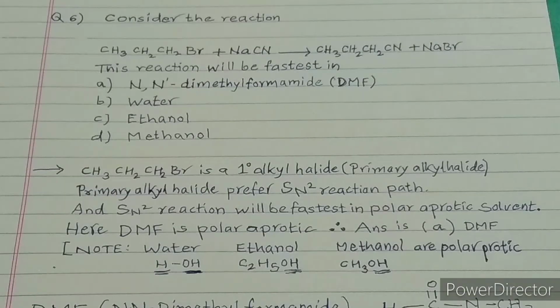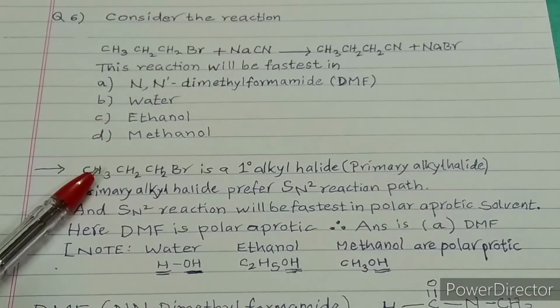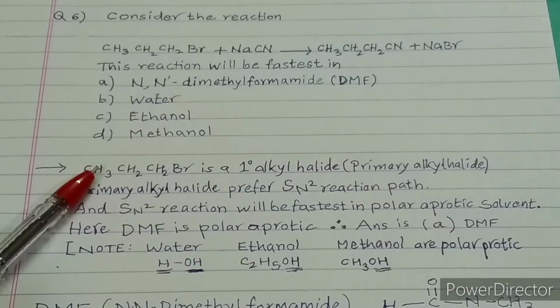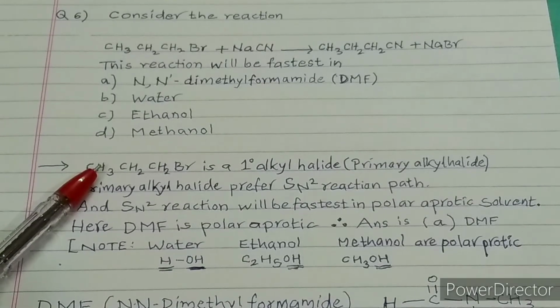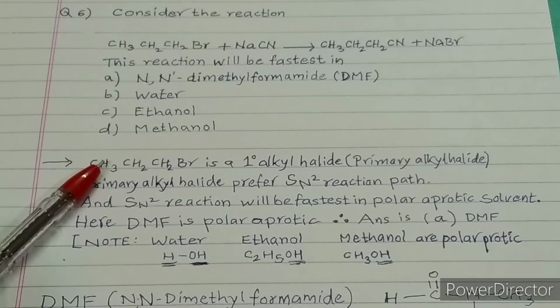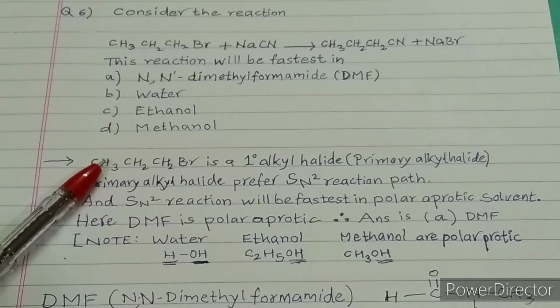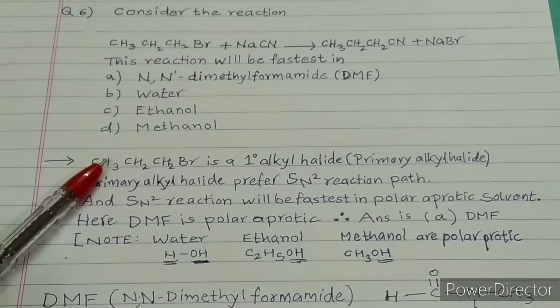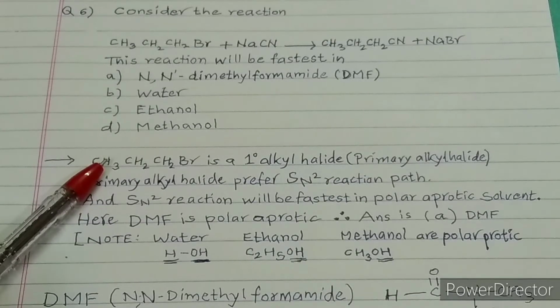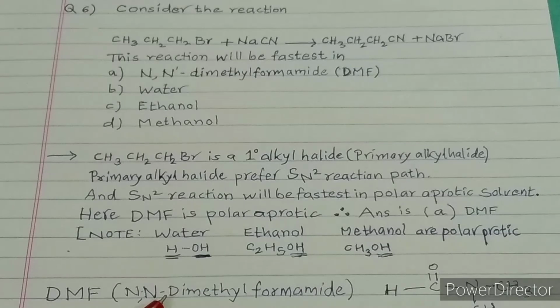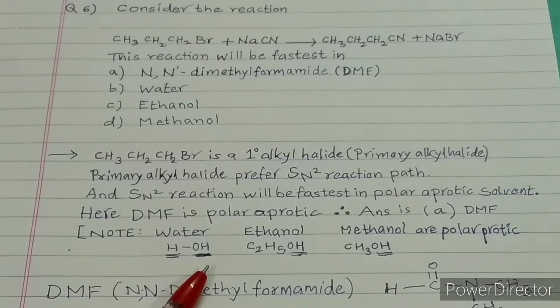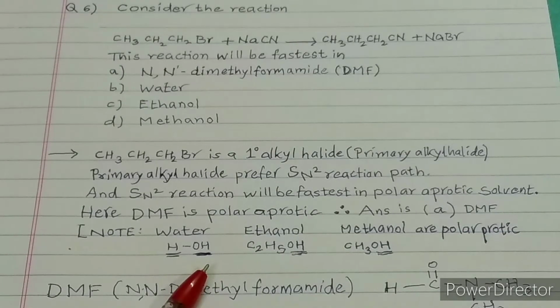We know that tertiary alkyl halides undergo SN1 reactions and they are favored by polar protic solvents. I repeat, tertiary alkyl halides undergo SN1 reactions and they are favored by polar protic solvents. What are polar protic solvents? The solvents which contain OH and NH groups are called polar protic solvents.